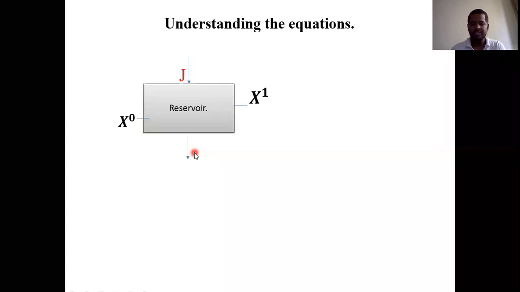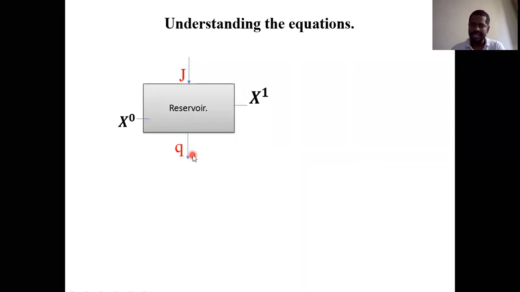And coming to the discharge or outflow, it is Q. So X naught is the water storage in the reservoir at the initial stage, X dash is the water storage at the end of the time period, J is the inflow to the reservoir, and Q is the outflow or discharge from the reservoir. From these four parameters, we have to write X dash in terms of the remaining three parameters.